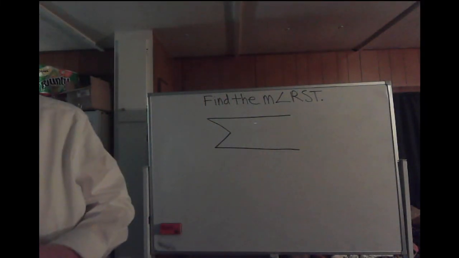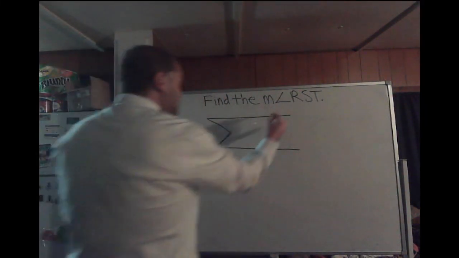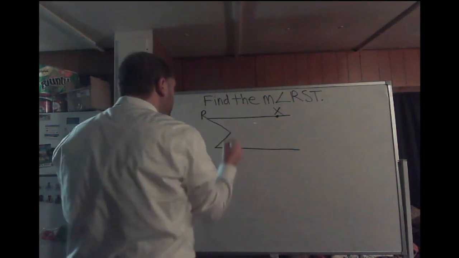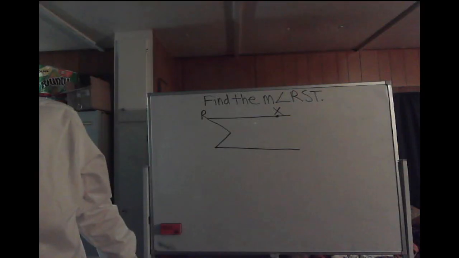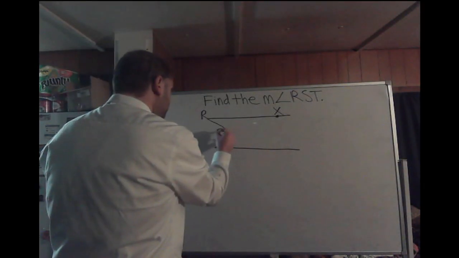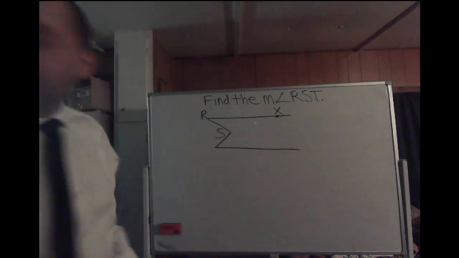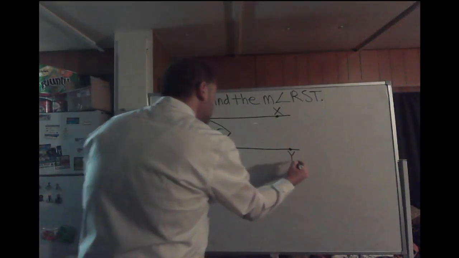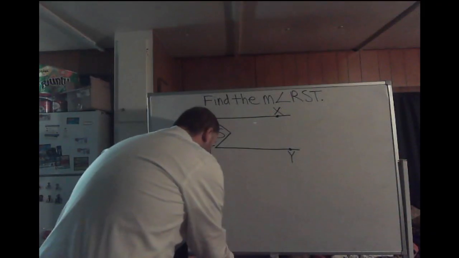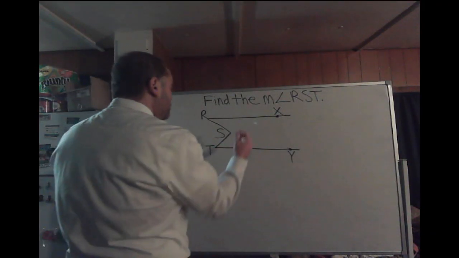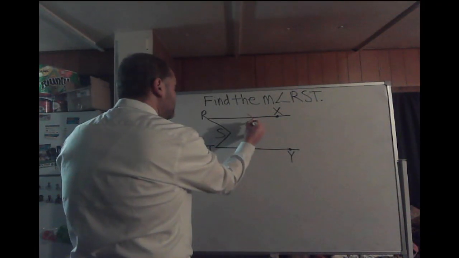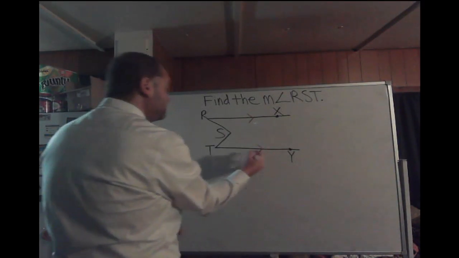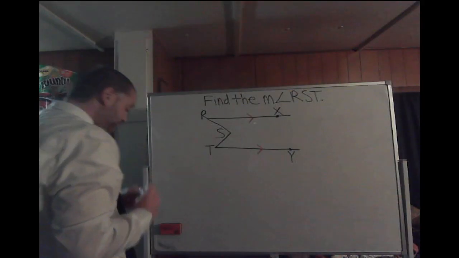All right. That's X, that's R. This is S. Here's T. Here's Y. As a matter of fact, we even are given that line segment RX is parallel to line TY.